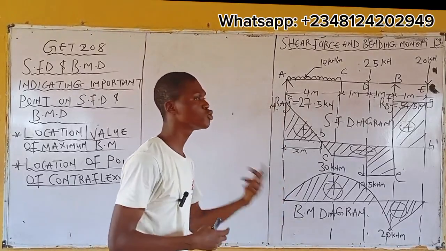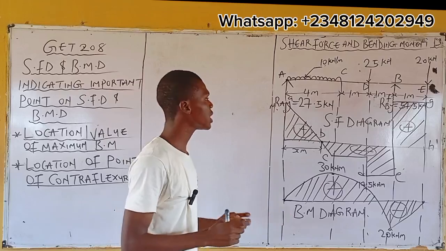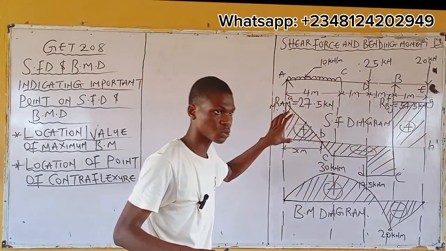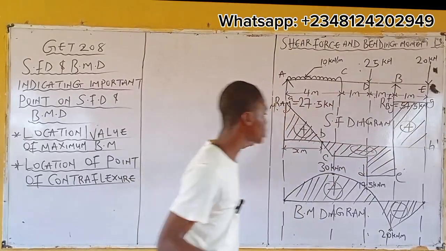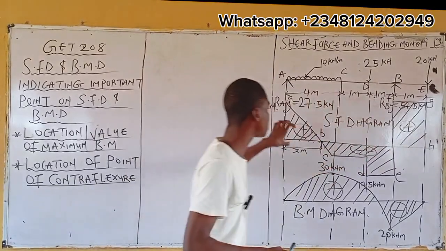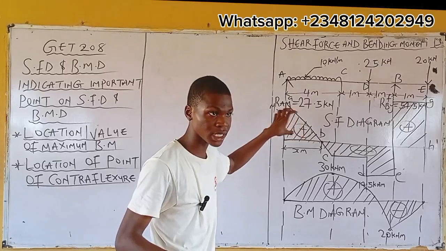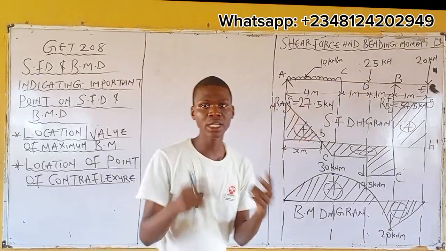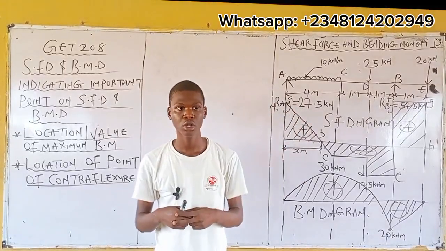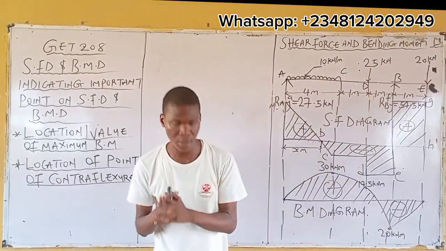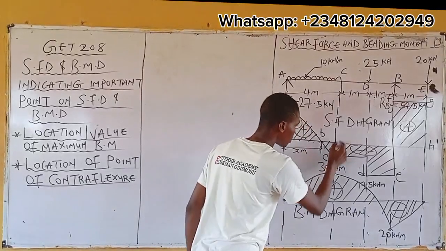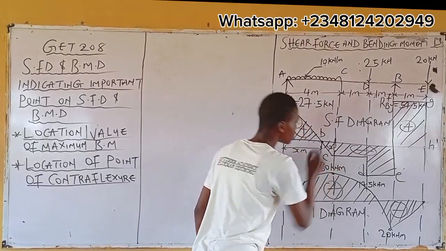So when we say using similar triangle, looking at this shear force diagram, my focus is the triangle shape that I want to pick out. How many triangles do you have? You have the bigger one, say 1, and the smaller one, say 2.